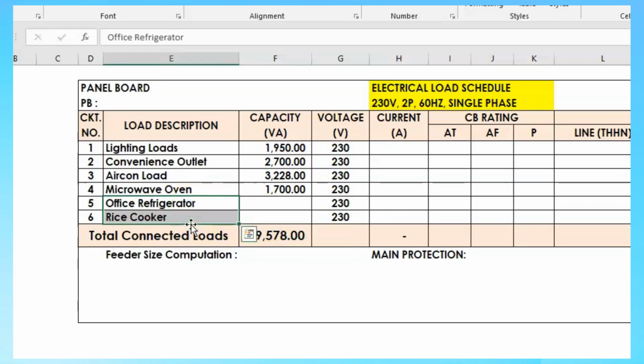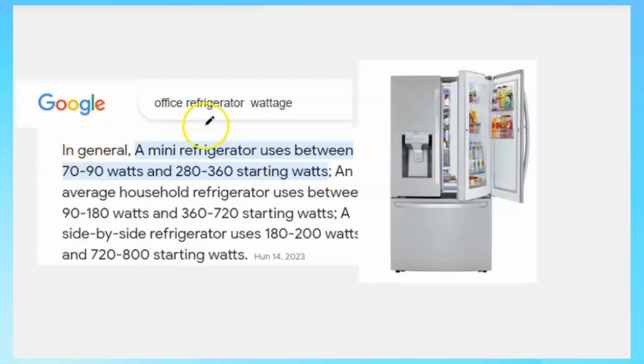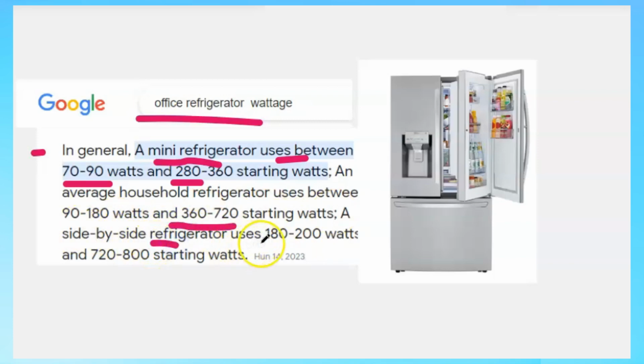So let's check how many watts our refrigerator is. And then from Google, office ref wattage. In general, a mini refrigerator uses between 70 to 90 watts and 180 to 360 starting watts. Okay, an average household refrigerator at home is usually between 90 to 180, 360 to 720. A side-by-side refrigerator uses 180 to 200 watts and 720 to 800 starting watts.